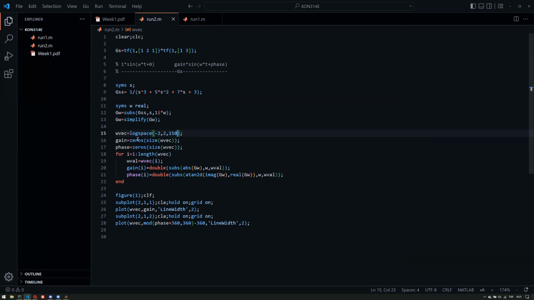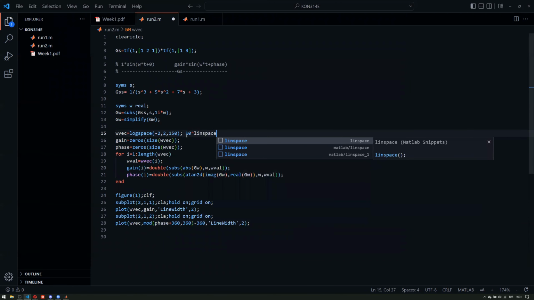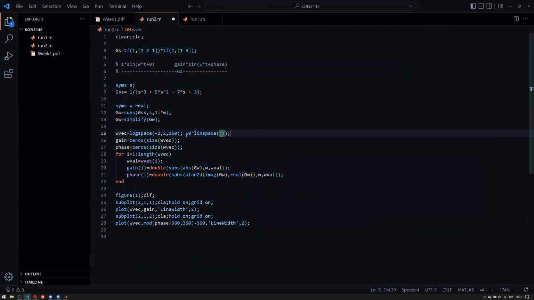150 sample points. Logspace and linspace are two functions that can be used in order to create vectors. Since this is logarithmic spacing, what it does is it just linspaces and then uses 10 to the power of linspace. As far as I remember it, it should be something like this.